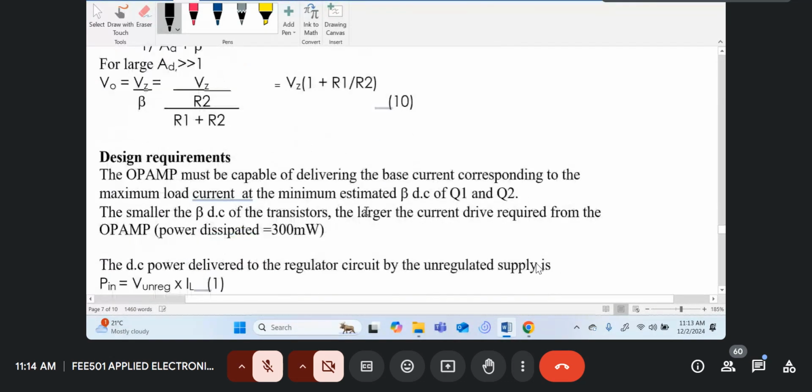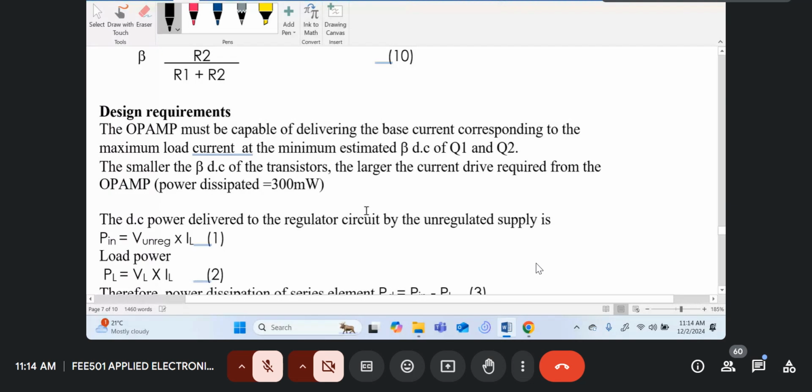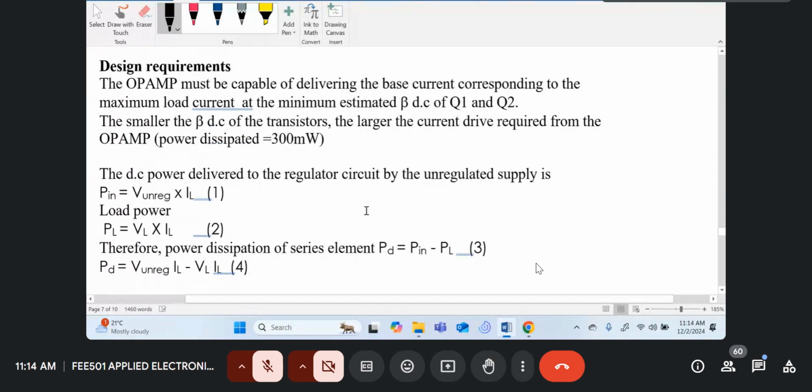Now let's consider some of the design requirements of this circuit. One requirement which is important is that the op-amp must be capable of delivering the base current corresponding to the maximum load at the minimum beta DC. Now this beta is different. Beta DC here is like the HFE of Q1 and Q2.